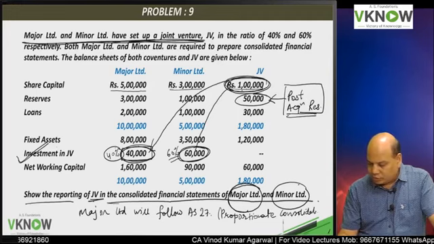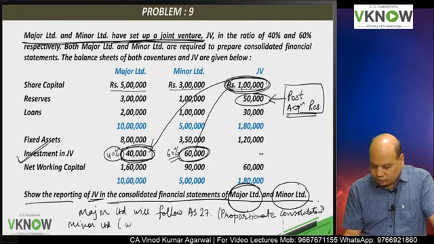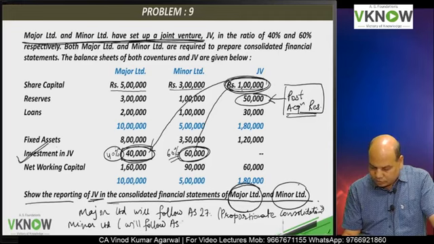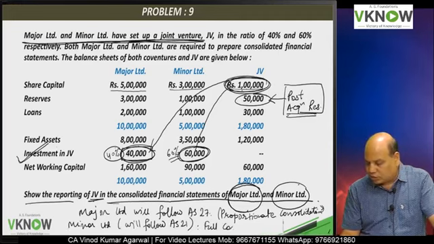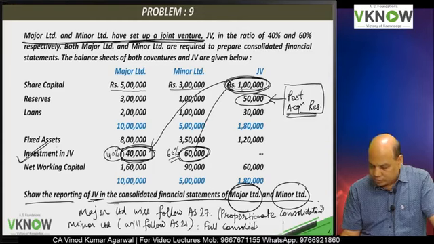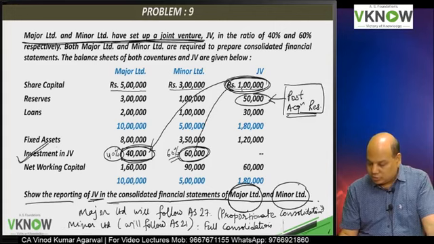Minor Limited will follow AS 21, full consolidation, also called line by line consolidation.